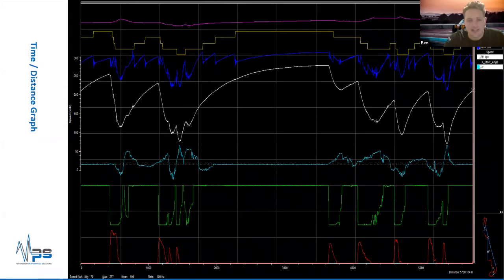The reason I say that is, in a lot of data analysis software, if we were to put 5 or 6 different channels, so your brake channel, your throttle channel, your steering channel, a lot of them default to what's called overlay. To me, it just looks like a mess of lines on the track. They're all overlaid on top of each other.